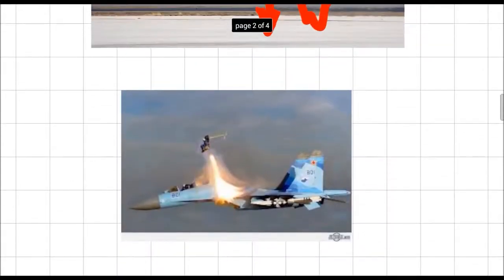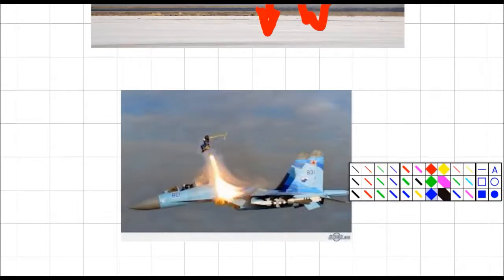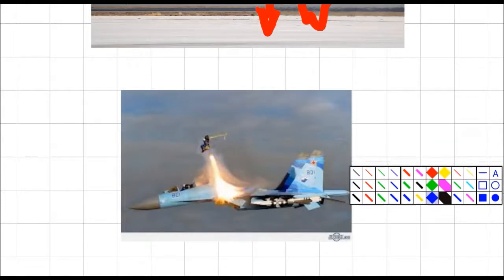This pilot chose to use his Martin Baker ejection seat to leave the aircraft in distress. Now, why does he fly? Simple answer. The pilot and his seat got a weight.